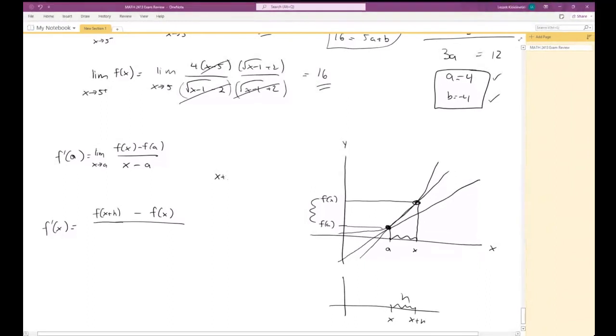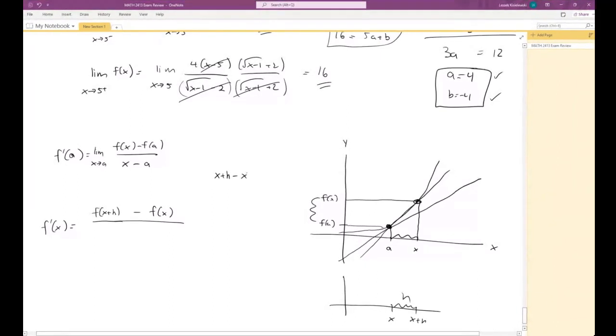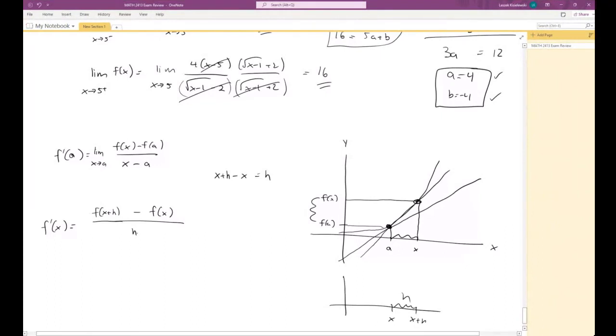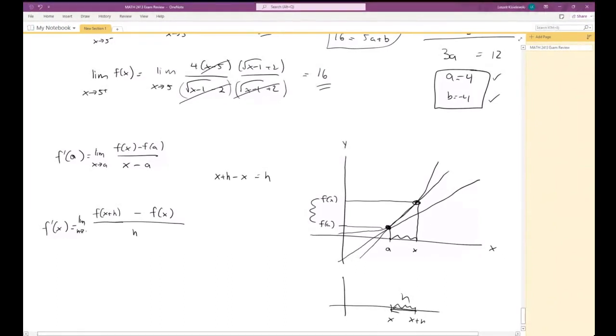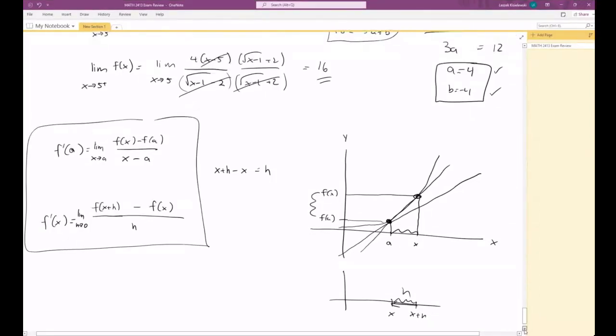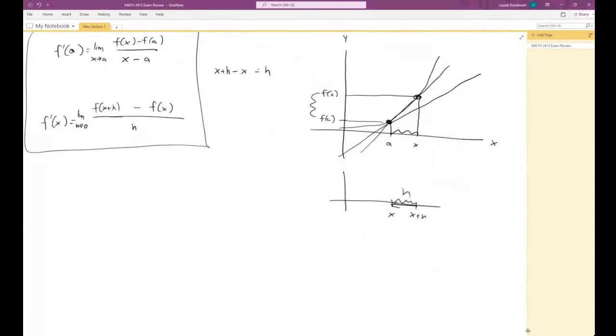One x value is x plus h, the other is x, so you just get h. And this time, to say that one point is approaching x, that means h has to go to 0. All right, so these are two equivalent definitions for a derivative or instantaneous rate of change.